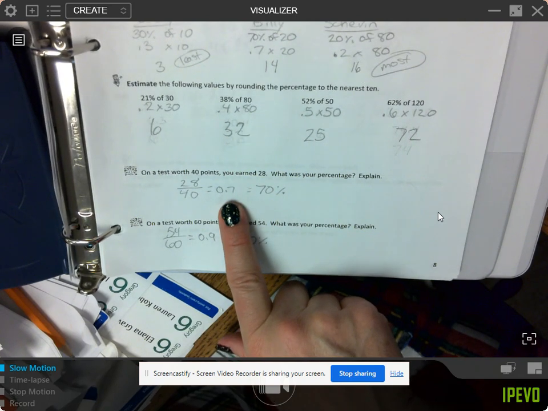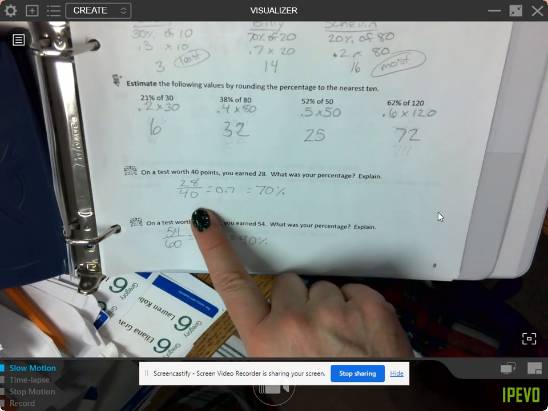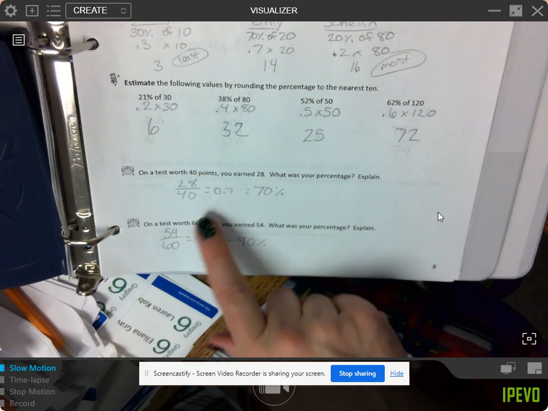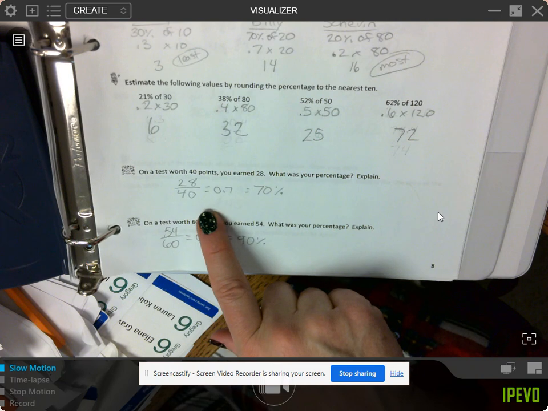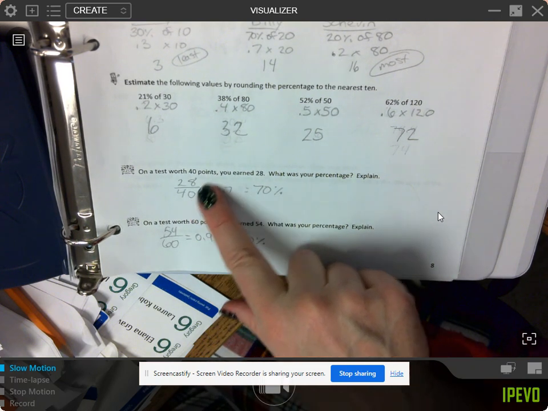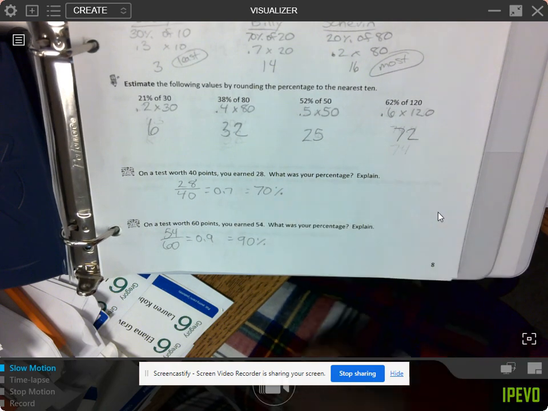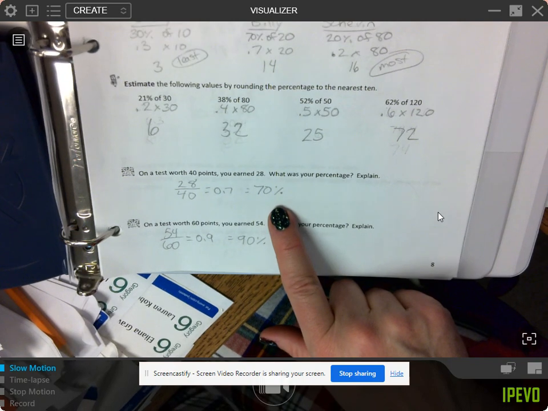So it was worded differently in Khan Academy, but it's the same math. So you take the small part, that fraction bar means we're dividing by the whole number. So that's where it came in. I knew we had done it and I couldn't remember how. This is where it came from. So there's that in the Khan Academy assignments. If you need to find a percent, you take the small, divide it by the whole, and that gives you the percent. So your percent on the test was 70%.